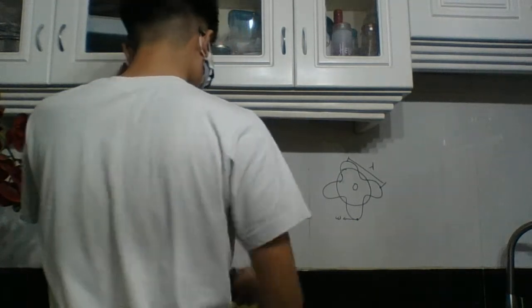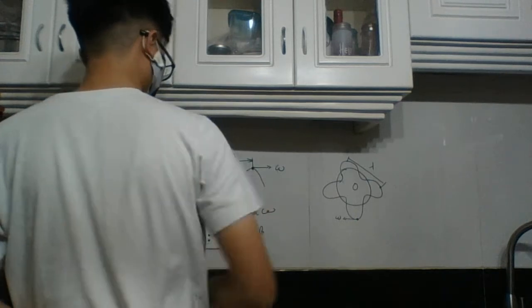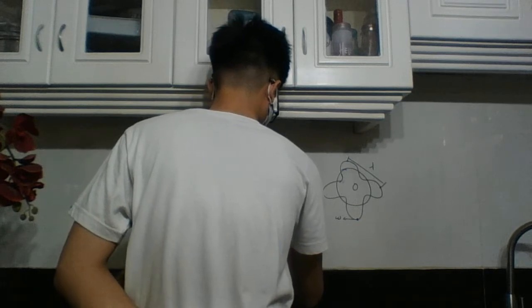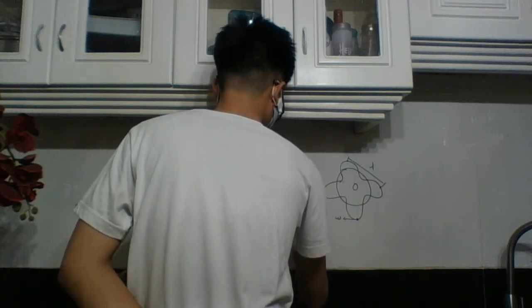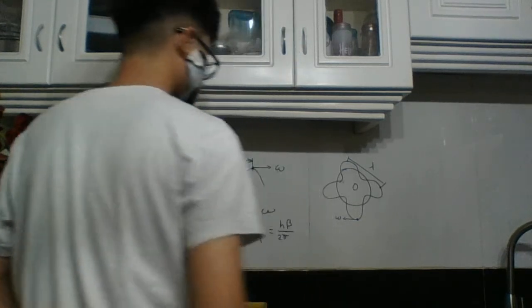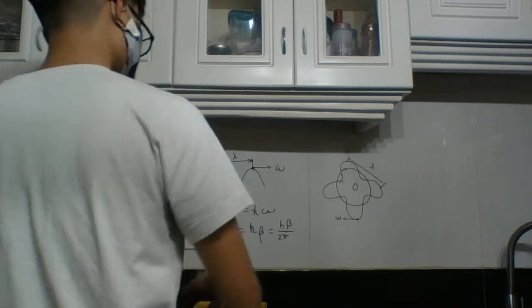So the momentum is proportional to h bar, the reduced Planck's constant, h over 2 pi, times beta. So it's proportionally related to the phase constant.